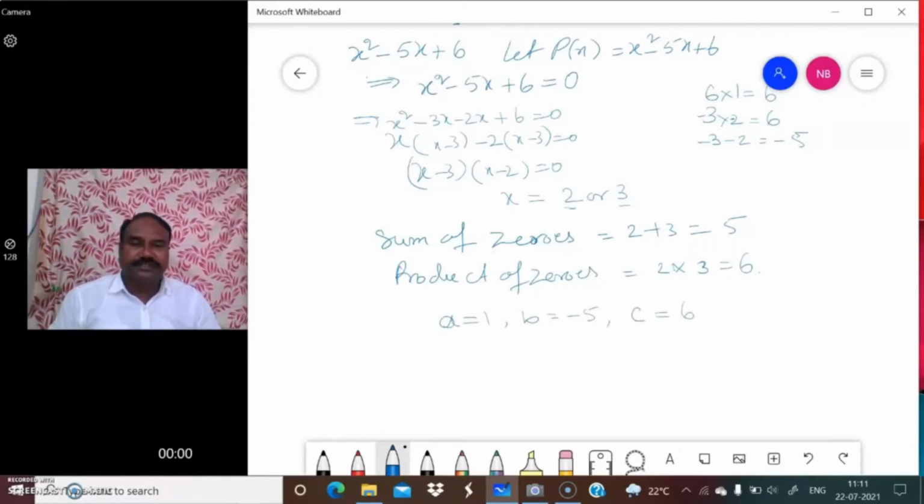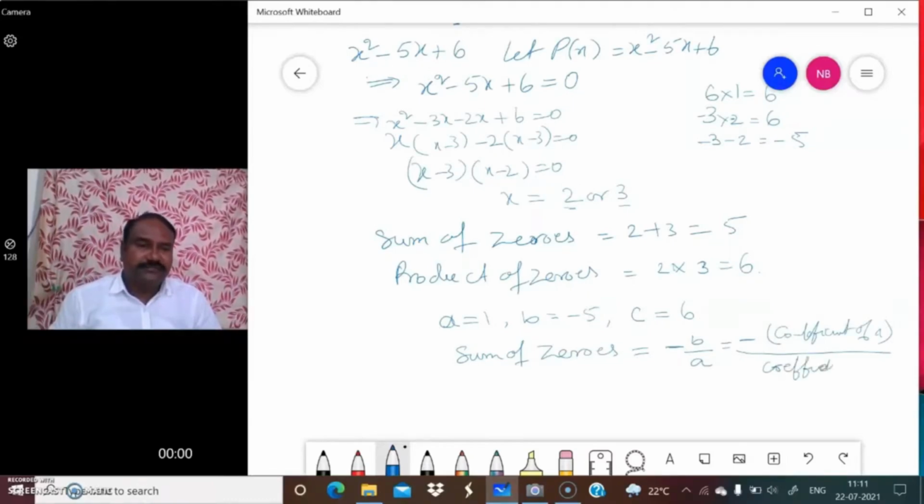So here, sum of zeros, there is a formula for it. Sum of zeros is equal to minus b by a. That is equal to minus of, what is b? b is nothing but the coefficient of x, divided by a, the coefficient of x square.